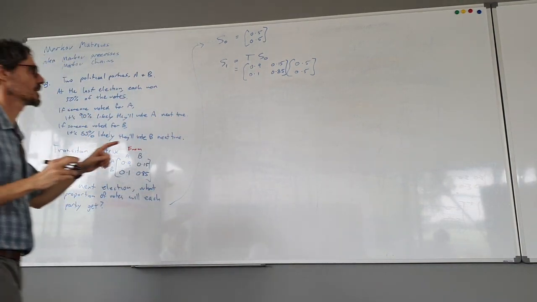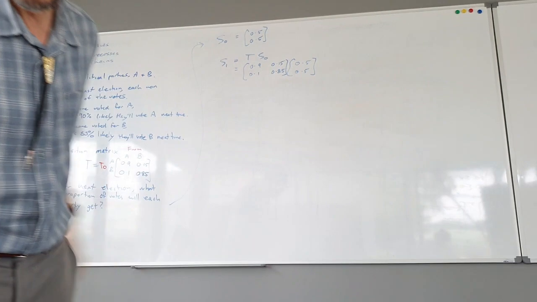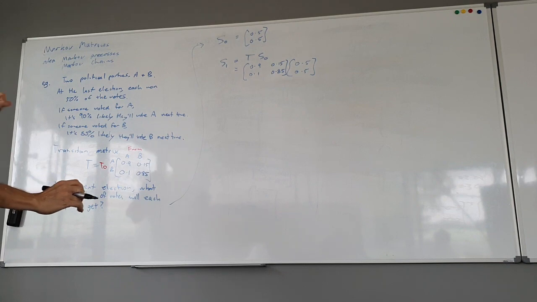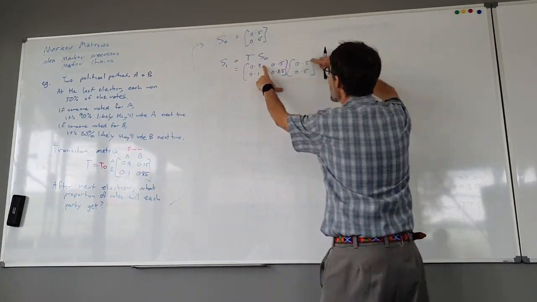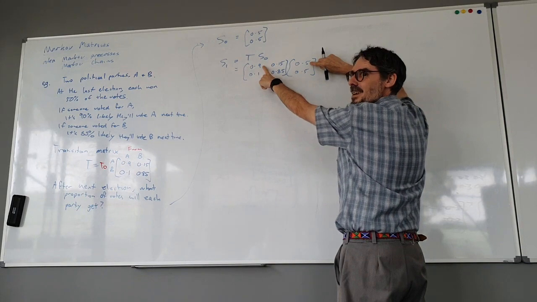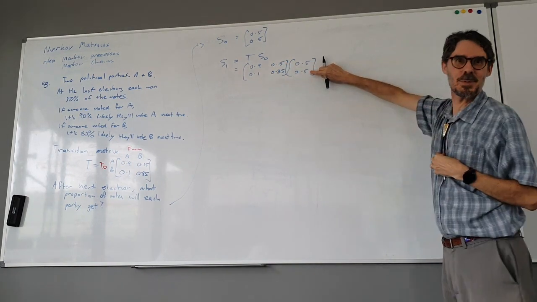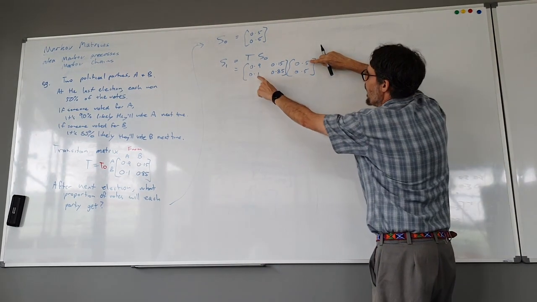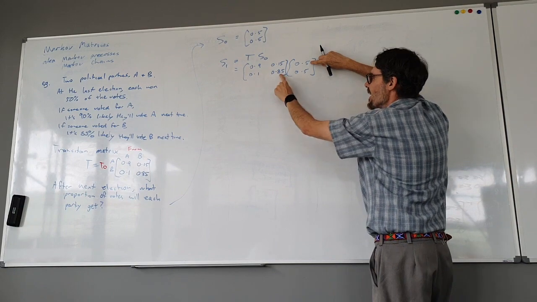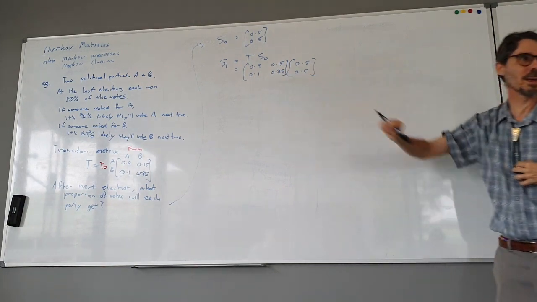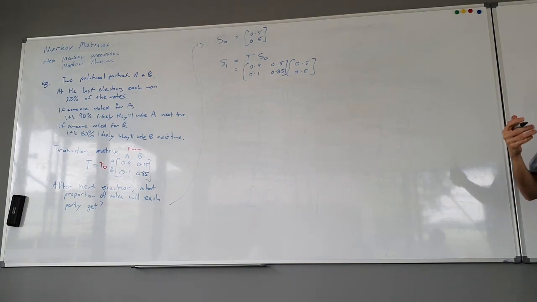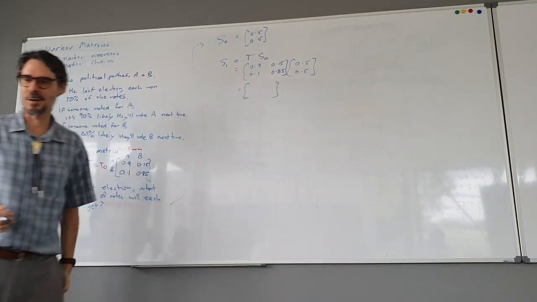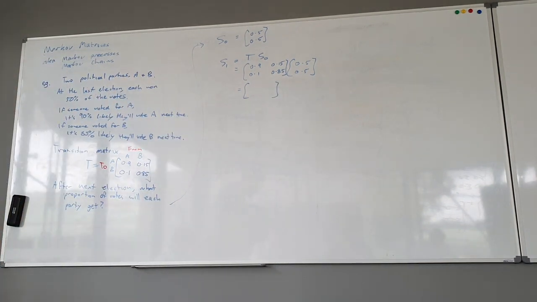How does that work? 90% of this 50% and 15% of this 50% are going to vote for A in the next election. 10% of this 50% and 85% of this 50% are going to vote for B in the next election. So the matrix multiplication is doing that for us. You're allowed to use a calculator because they're horrible decimals.